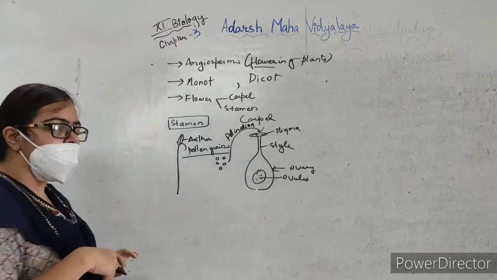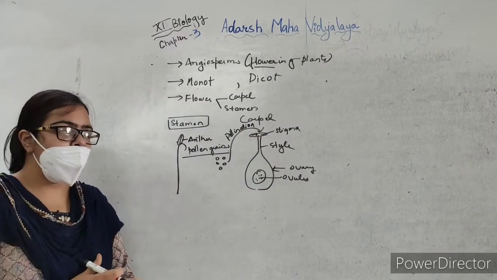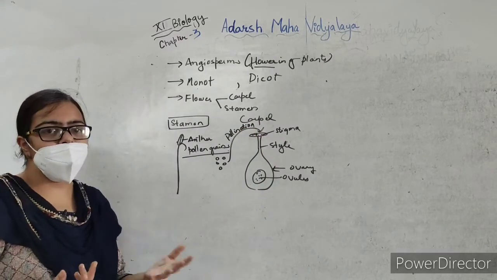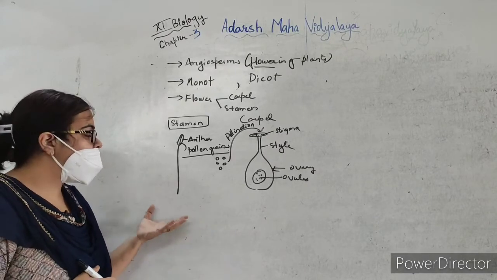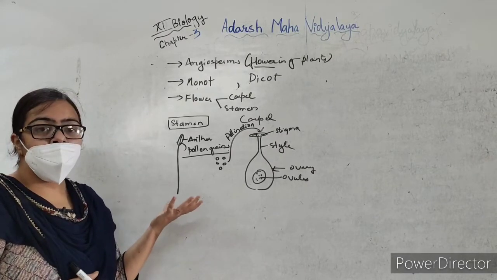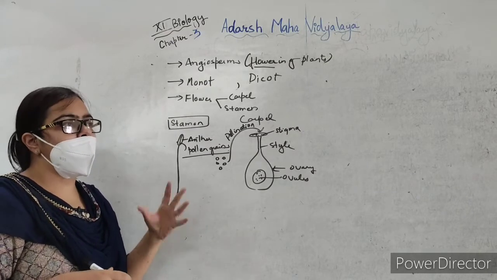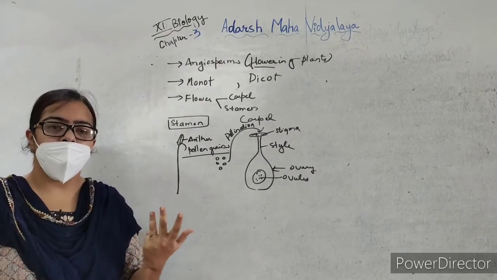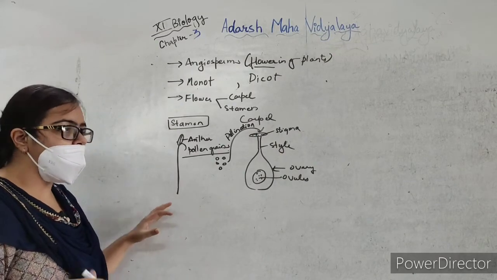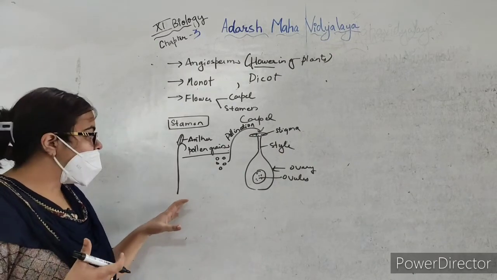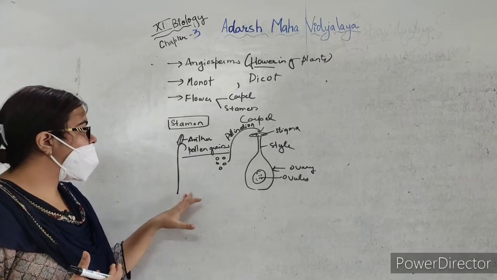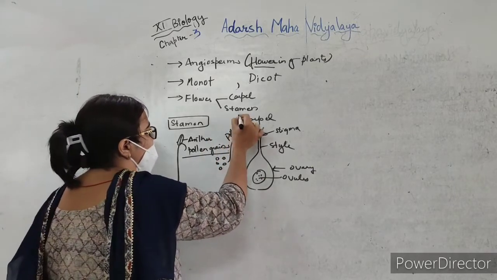It can be self-pollination when it is occurring in the same plant, and it can also be cross-pollination when it is occurring in different plants. But it should be of the same species. So this is the stamen and this is the carpel.